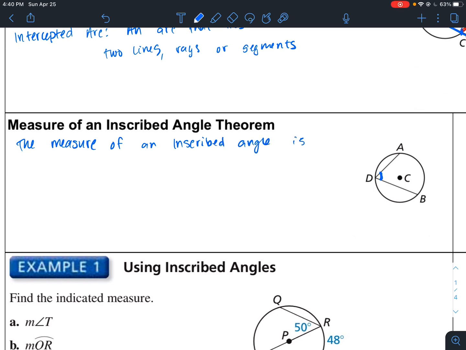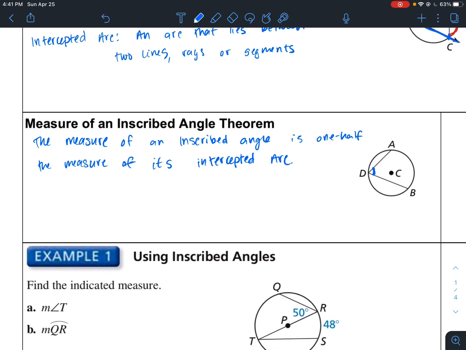The measure of an inscribed angle is 1/2 the measure of its intercepted arc.